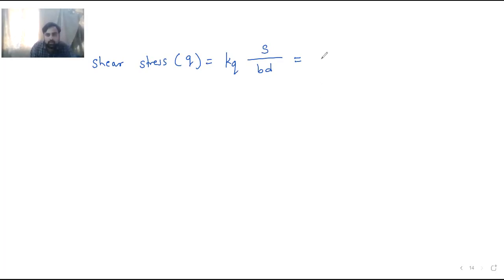What is the answer? KQ value is 1.25 into this S we have calculated, 375 into 10 to the power 3, kilonewton to Newton. B is 400. D is 800. Let me know the answer.